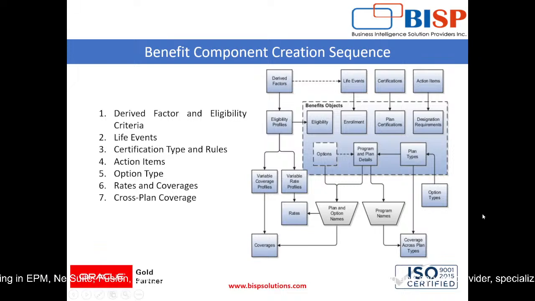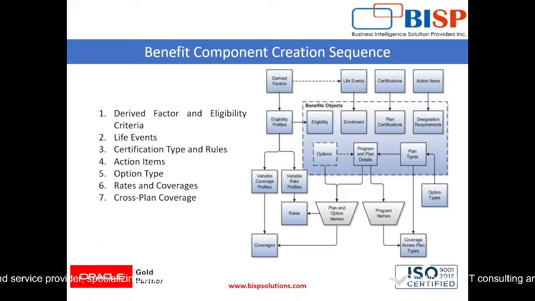Then the variable coverage profile and variable rate profile. These we'll discuss in a bit when we are creating our programs. In that plan configuration you will find these options. As we move along, we'll understand all these options.